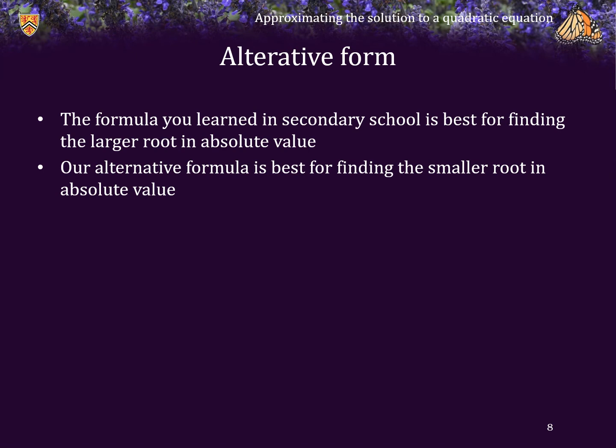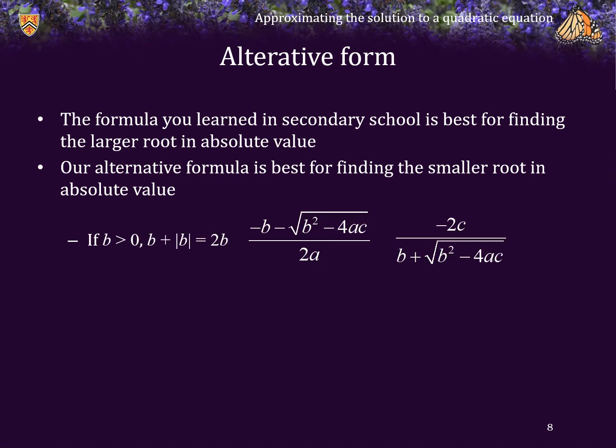All right, so if b is greater than 0, then b plus the absolute value of b is equal to 2b. Therefore, the formula for finding the larger root will be negative b minus the square root of the discriminant all over 2a, because negative b is negative, and if we subtract a positive number from a negative number, we are not going to end up with subtractive cancellation.